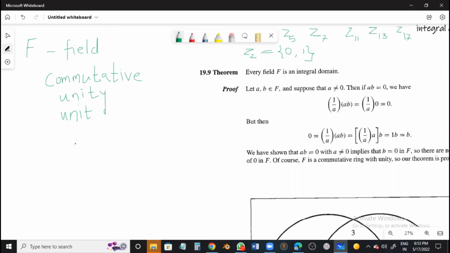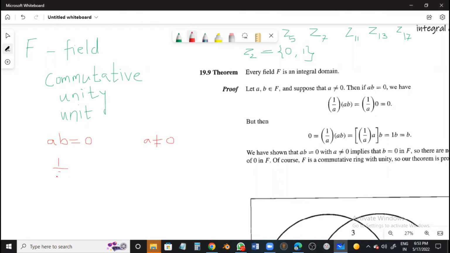Now, we want to show that it is an integral domain. So for an integral domain, we start with product AB equal to 0. And let us suppose that A is non-zero. If A is non-zero, then inverse of A will exist. 1 by A will exist.